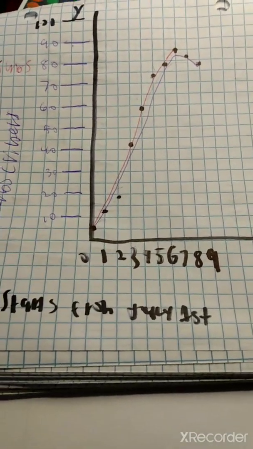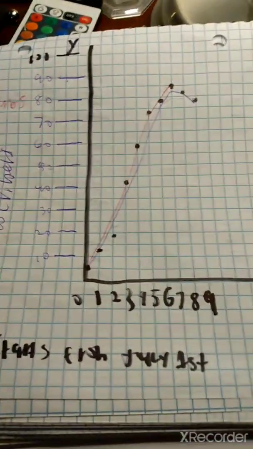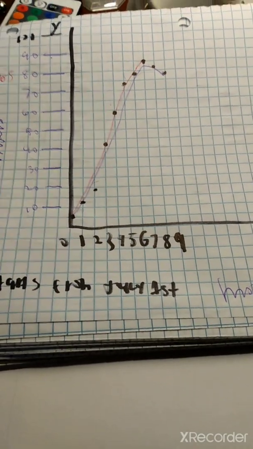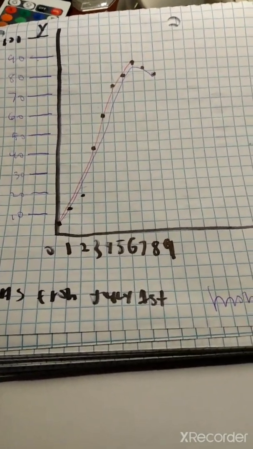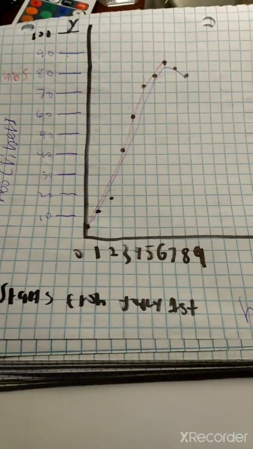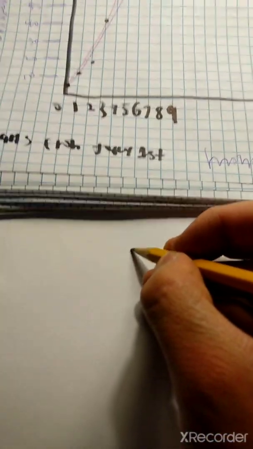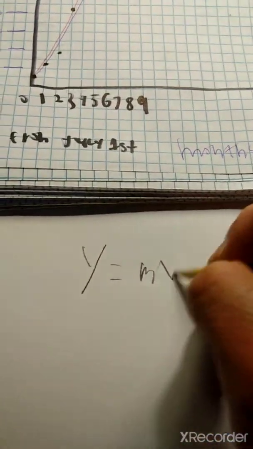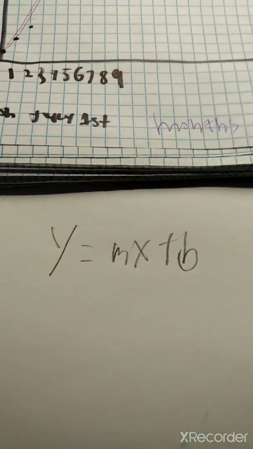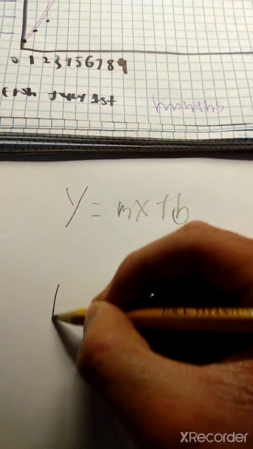When you're looking at perfect slopes, you're going to wonder what the equation of the slope is, or what the best fit is. The formula we reviewed was y equals mx plus b, and we want to know what the slope is.